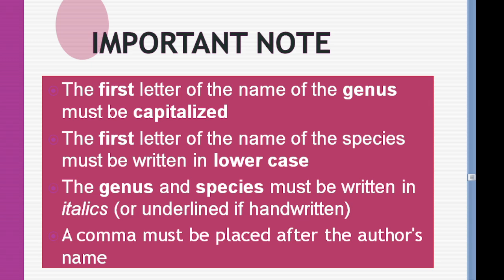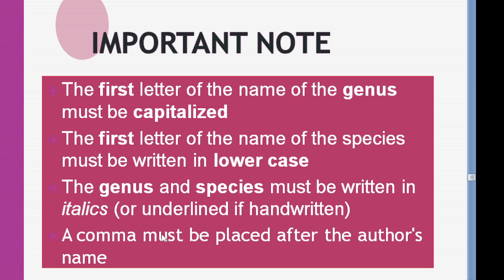Remember that in the third position we put the author's name, and in the fourth position we put the year. So between the author's name and the year, we must put a comma, une virgule qu'on doit mettre entre le nom de l'auteur et l'année de description.